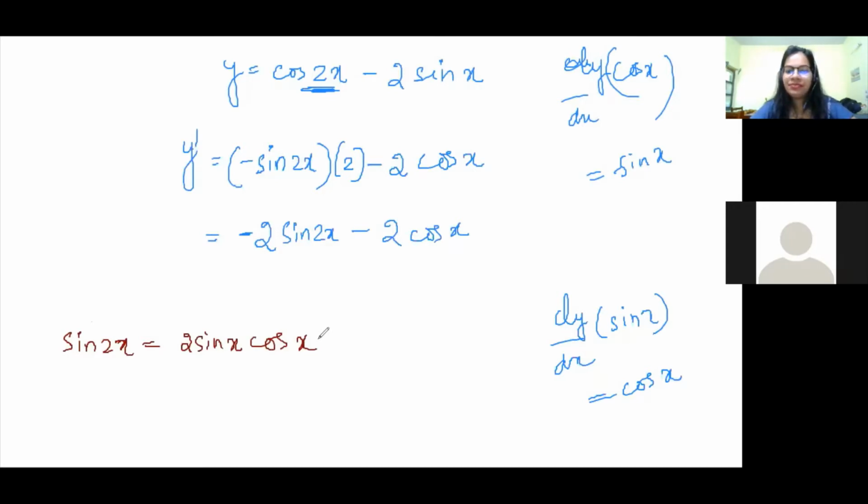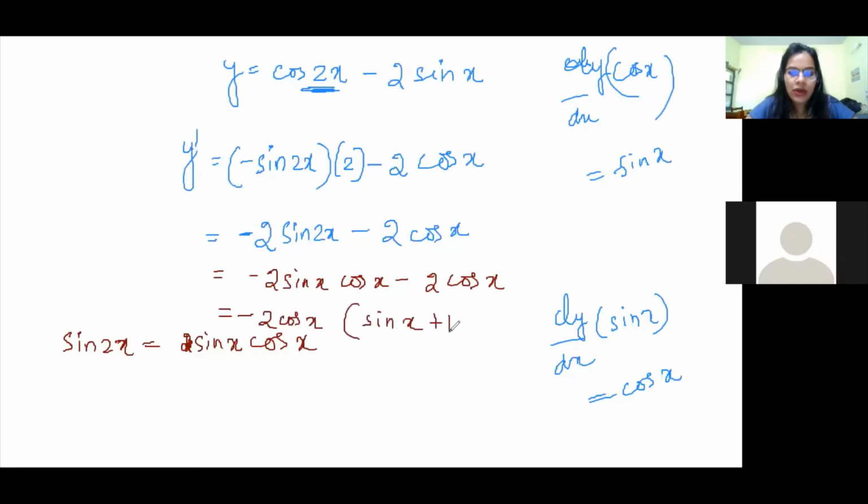So what will be the answer then? If you write 2 sin x cos x minus 2 cos x, this becomes minus 2 cos x bracket sin x plus 1. So this is your answer.